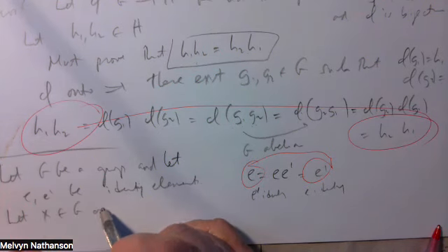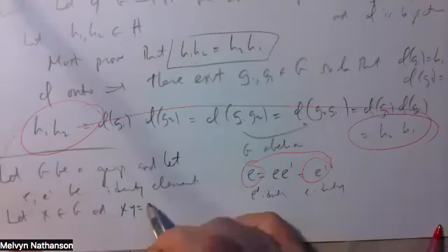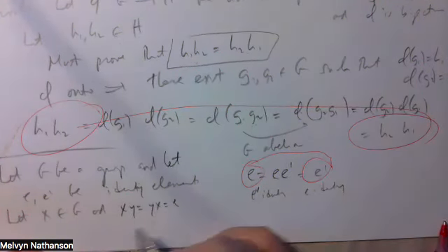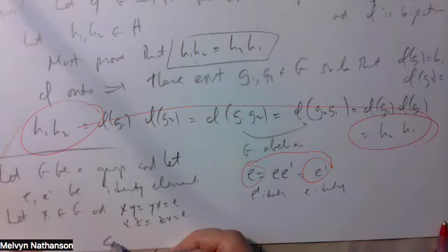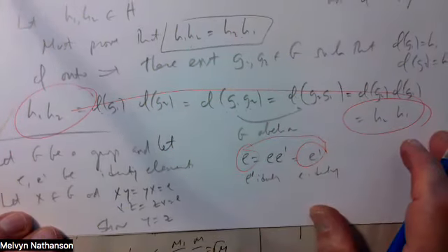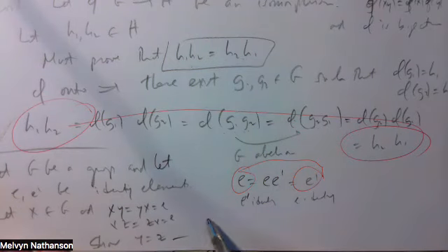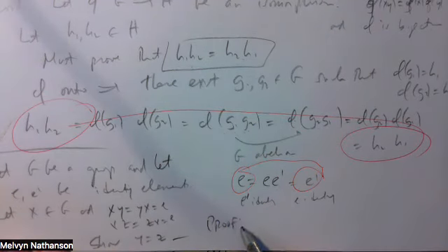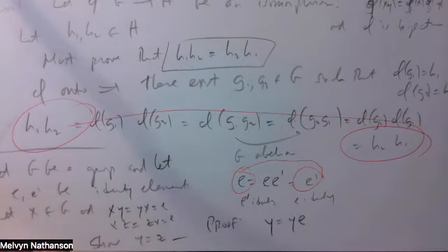Suppose x is in the group, and suppose it has two inverses: xy equals yx equals the identity, and xz equals zx equals the identity. I want to show y equals z. Then I want to show that there's a unique inverse to every element in a group. So the proof is very simple and pretty. Suppose I take y. y is, of course, equal to y times the identity.